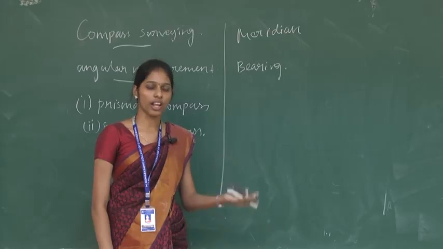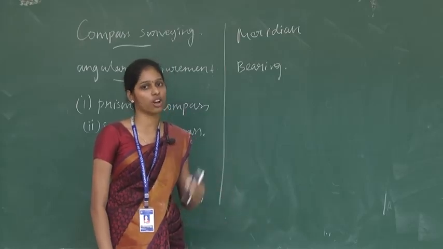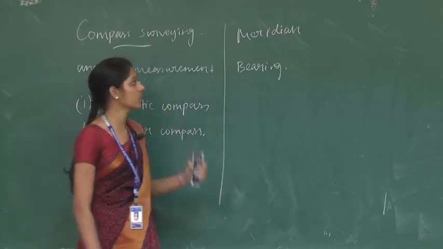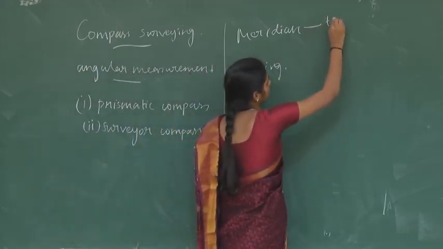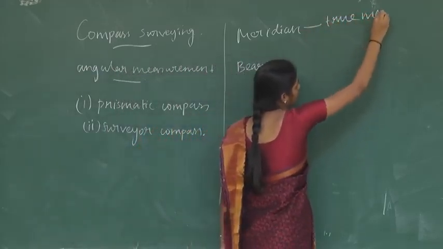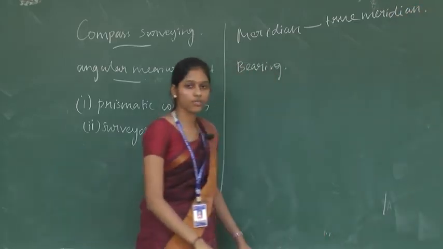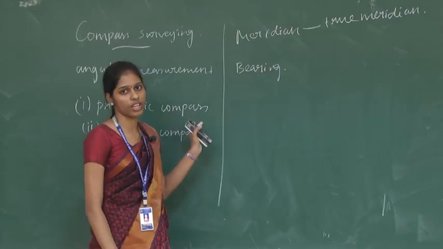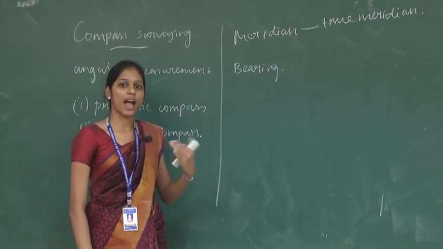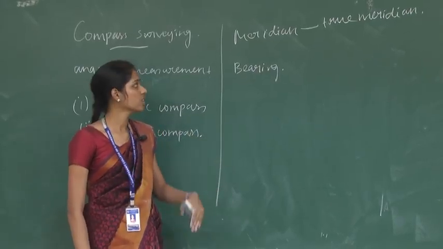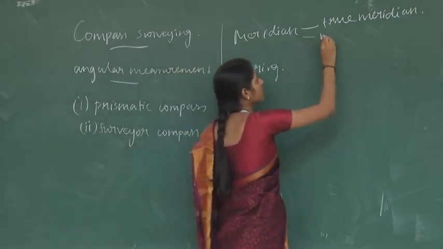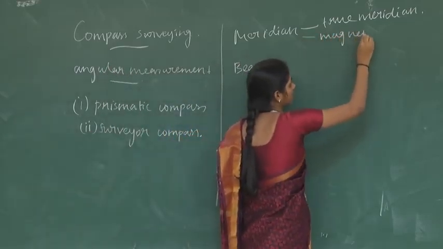If the line joins the geographical North Pole to the geographical South Pole, then it is said to be a true meridian. Since we are using a magnetic compass for surveying, if the line joins the magnetic north to the magnetic south, then it is said to be a magnetic meridian.